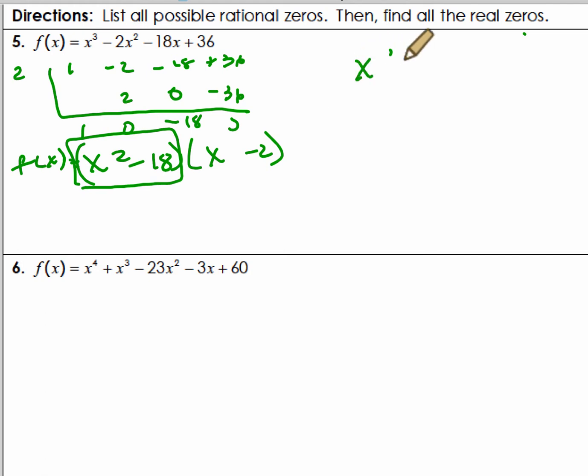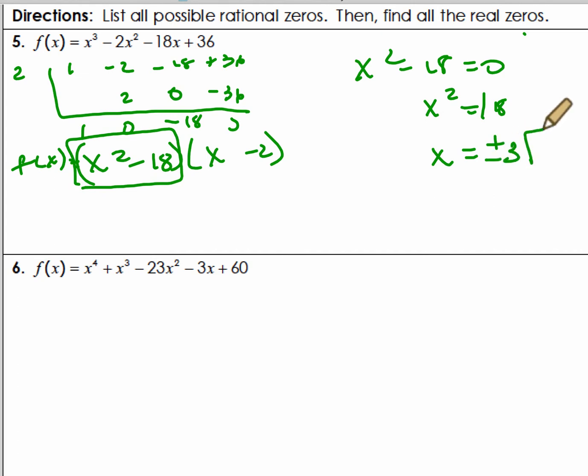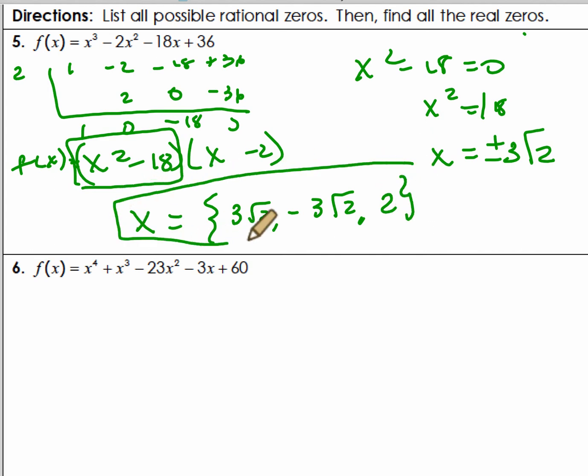So I have x squared minus 18 equals 0, which gives me x squared is 18, which gives me x is plus or minus 3 square root of 2. So what I've done is I found irrational zeros as well. So I have 3 square root of 2, negative 3 square root of 2, and the first one I found, 2, are my zeros of this polynomial.